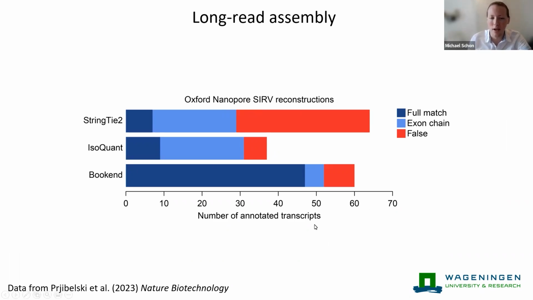However, I think it's clear here that Bookend is much more accurate at getting the precise 5' and 3' end of the molecules and assembling a closer to true picture than we've been capable of getting so far.